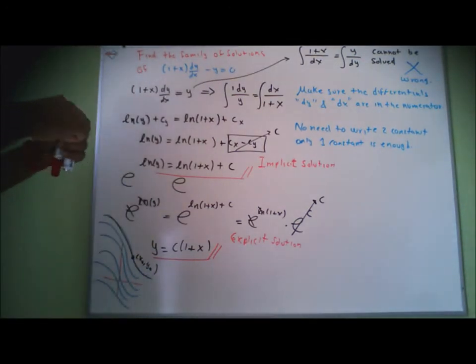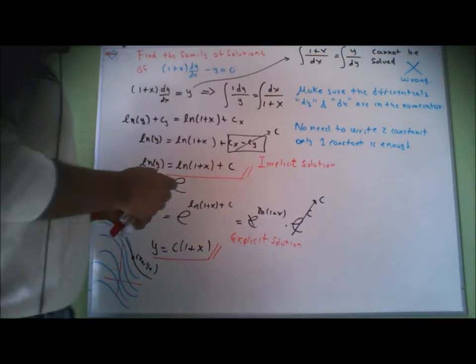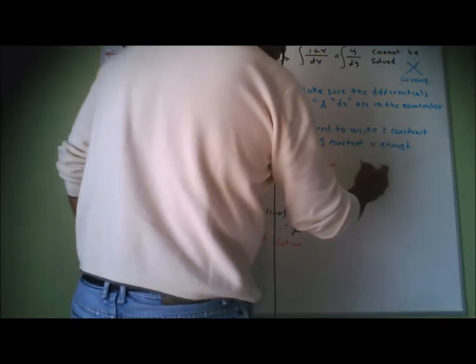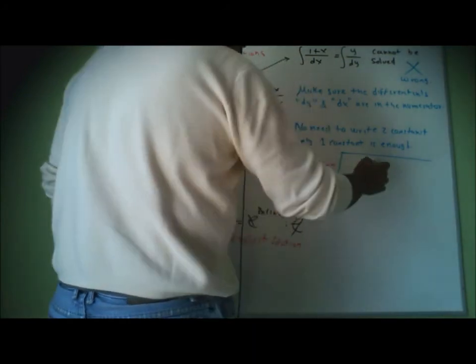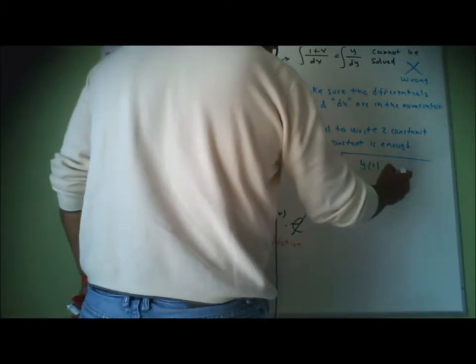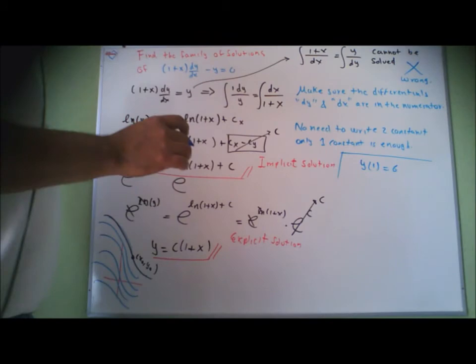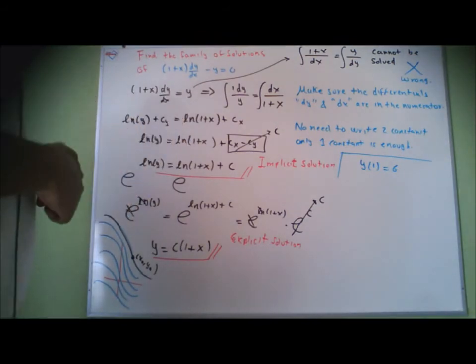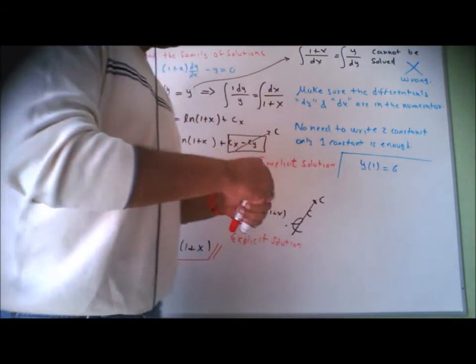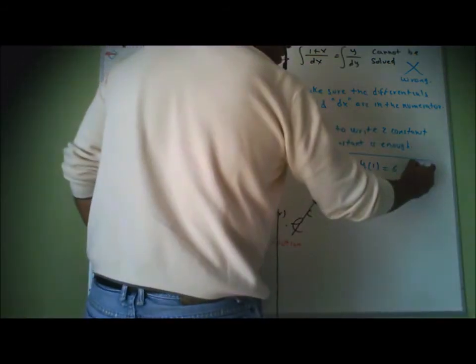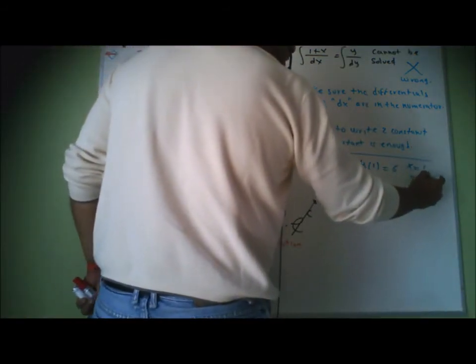Okay, let's assume an initial condition. Let's assume that you are given y of 1 equal to 6, just as an example. The method to calculate the constant is just to replace the values of x and y. Here, the value of x is equal to 1 and the value of y is equal to 6.